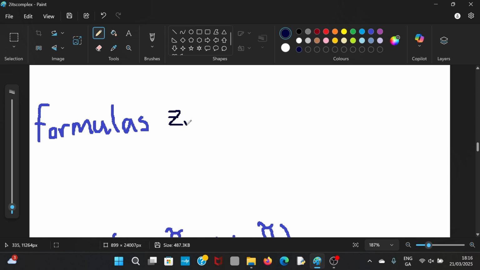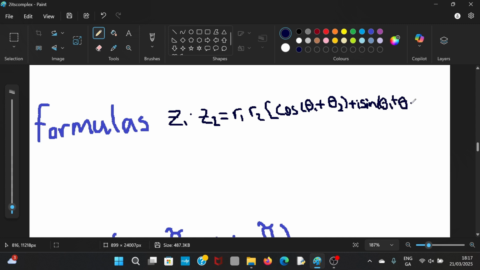If we have one complex number times another complex number, then the product is the modulus of the first times the modulus of the second, multiplied by cos of theta 1, that's the argument of the first complex number, plus theta 2, plus i sine of theta 1 plus theta 2.